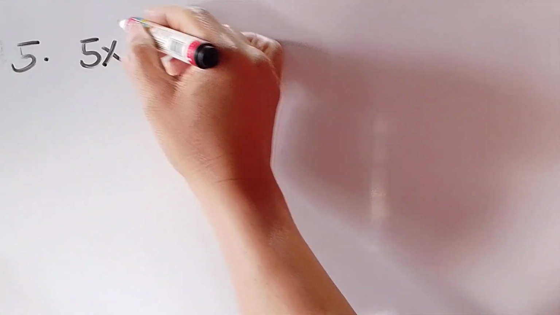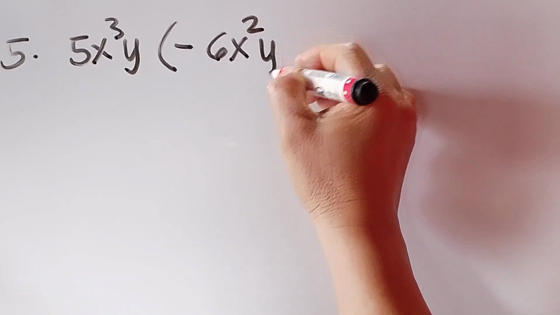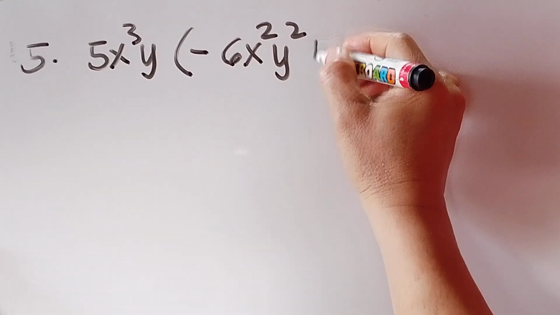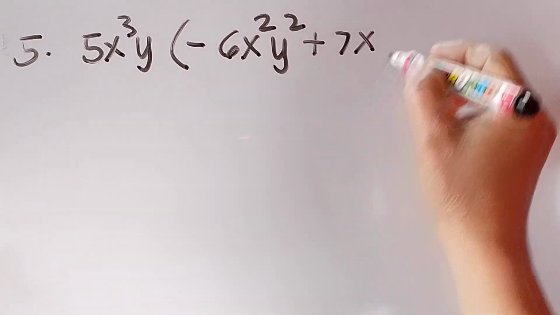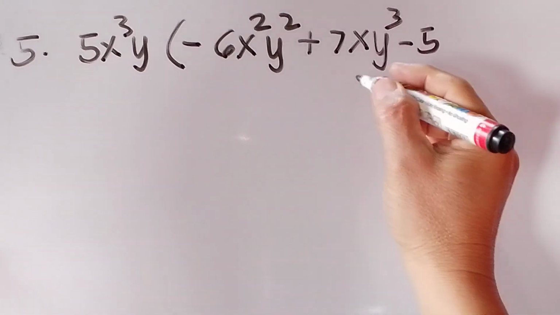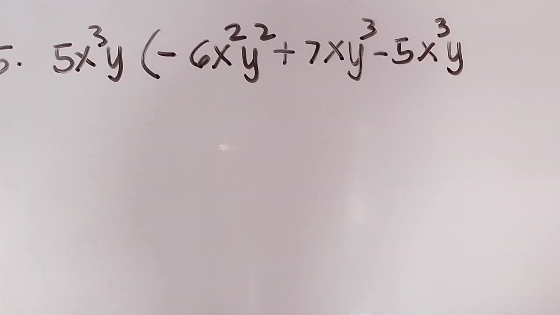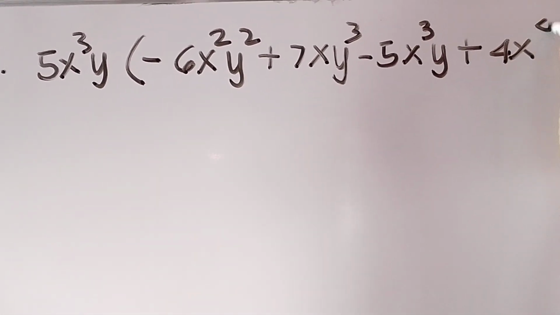Number 5. 5x cubed y times negative 6x squared y squared plus 7xy cubed minus 5x cubed y plus 4x to the fourth.